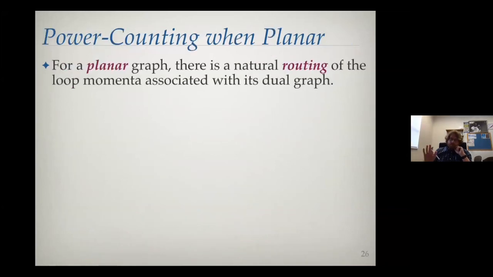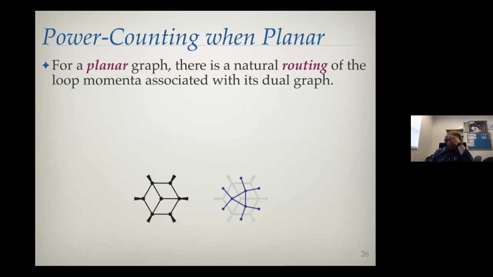So first, let me explain how this works in the planar case, because power counting really is the right metric, or at least a very good metric. And that's really what everybody means when they talk about power counting. So the first thing is that for a planar Feynman graph, or really a plane graph, because it has to be embedded, there's a natural way to assign loop momenta variables to the graph, which is associated with a dual graph. And for various reasons, you need to symmetrize over all these dual variables, and there's a very simple definition.